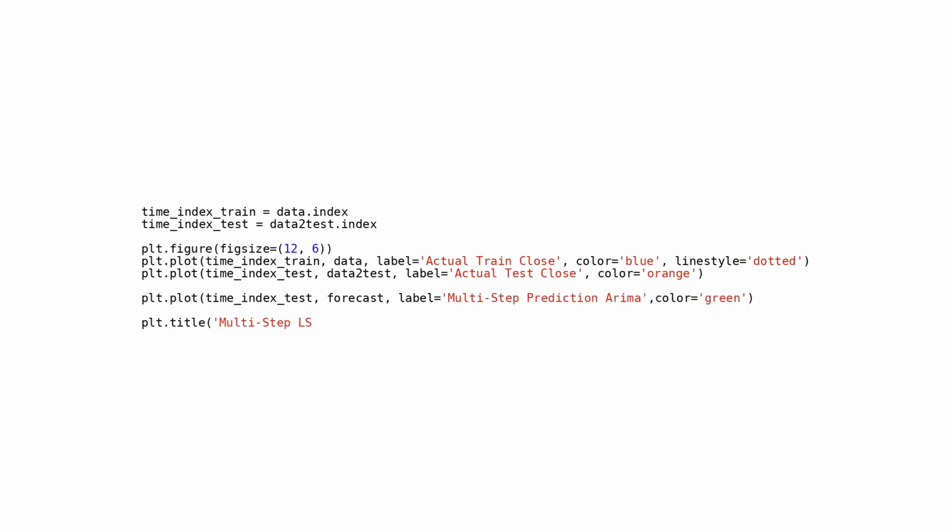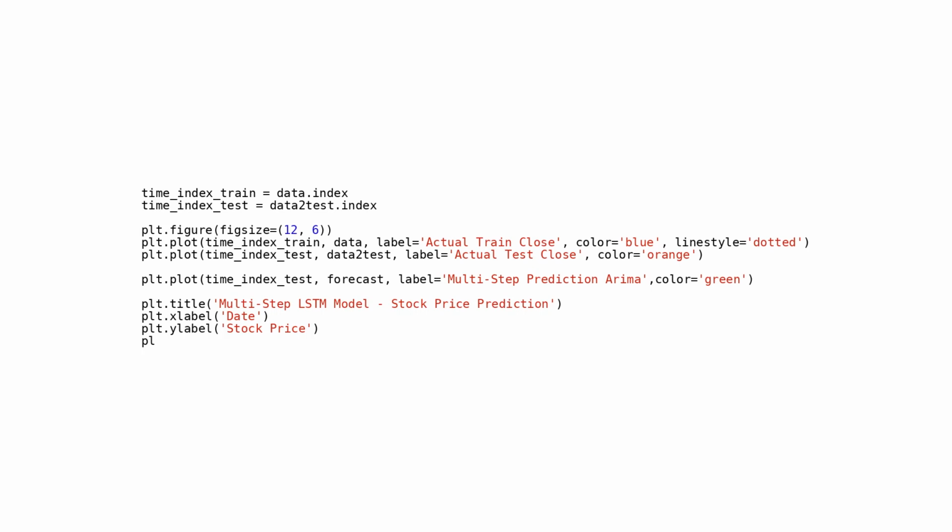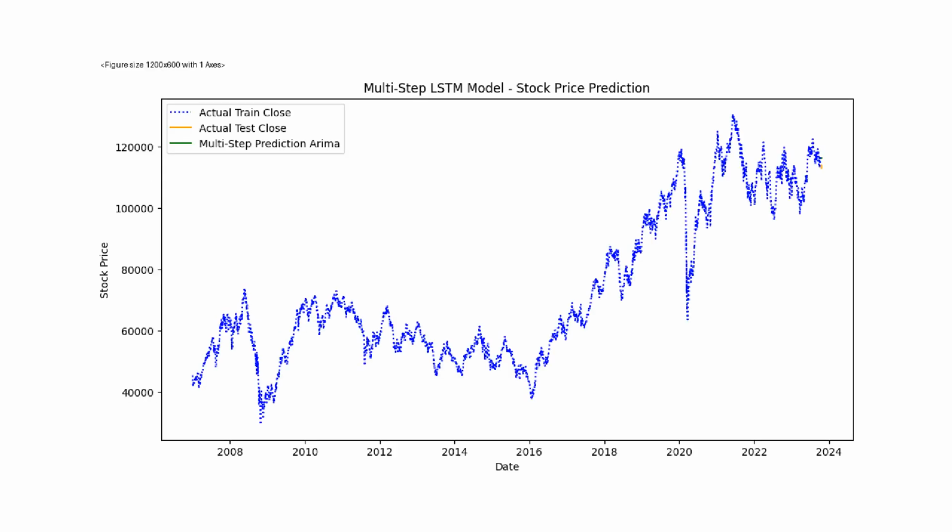The title suggests that the predictions were made using an LSTM model, but the label indicates ARIMA was also used. 5. The X and Y axis labels represent the data being plotted. 6. A legend is added for clarity. 7. Finally, the figure is shown on the screen. This code is meant to visually compare the model's performance in predicting stock prices using LSTM and ARIMA methods.